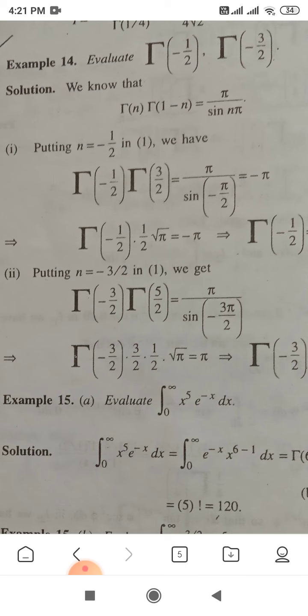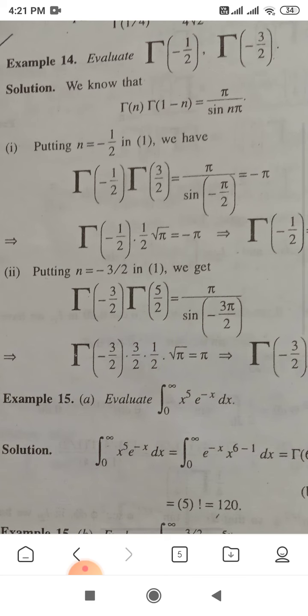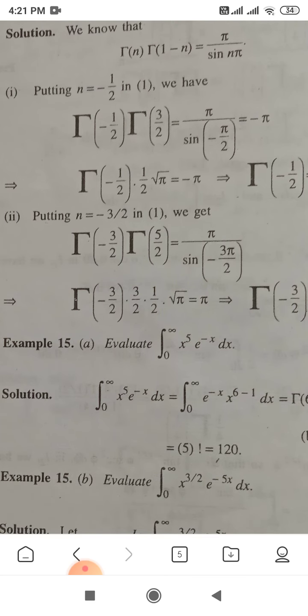In the same manner, in the duplication formula gamma n gamma 1 minus n is equal to pi upon sin n pi, putting n equal to minus 3 by 2, we get gamma minus 3 by 2 gamma 5 by 2 is equal to pi upon sine minus 3 pi by 2. Gamma 5 by 2 is 3 by 2 gamma 3 by 2, gamma 3 by 2 is again 1 by 2 gamma 1 by 2, and gamma 1 by 2 is root pi.